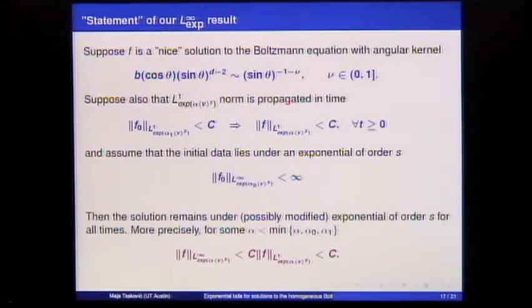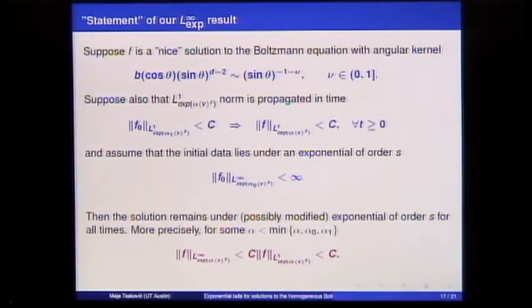Let's see the statement first. Assume three things: this pointwise behavior of the kernel, where this nu is pretty much like r before, going from 0 to 1, we cannot do up to 2; assume that you have L1 propagation, which was already done in the previous theorem up to a certain power; and assume that initially your function is below a certain exponential of order s.